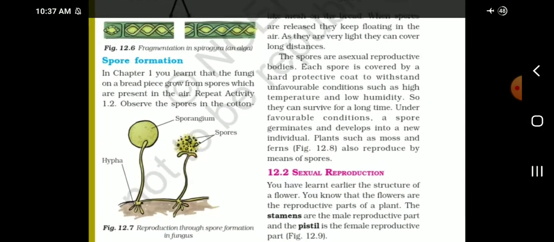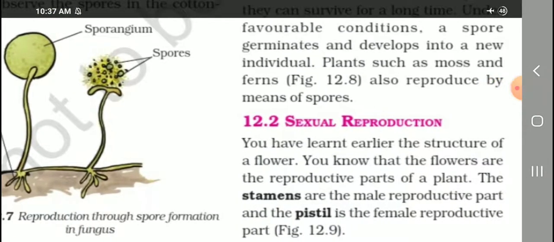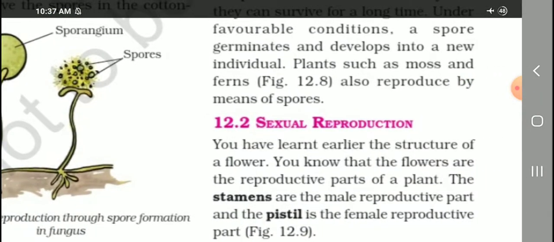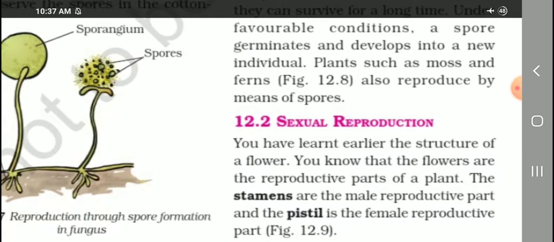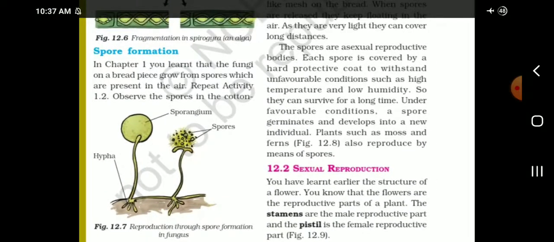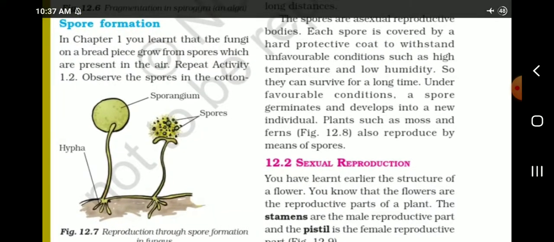Okay. Next, sexual reproduction. Listen, you have the flowers, the reproductive parts of a plant. The stamens are the male reproductive part and the pistil is the female reproductive part. Now we are going to discuss sexual reproduction. See the picture, students.